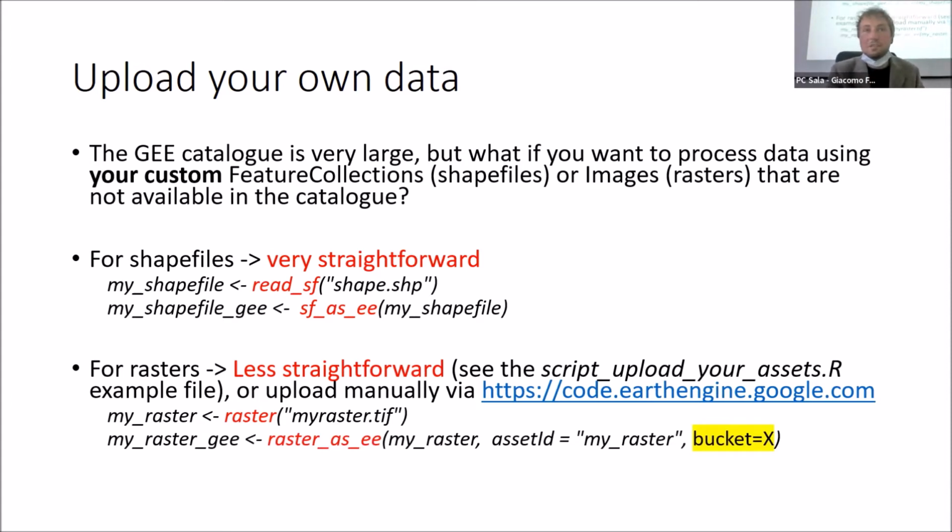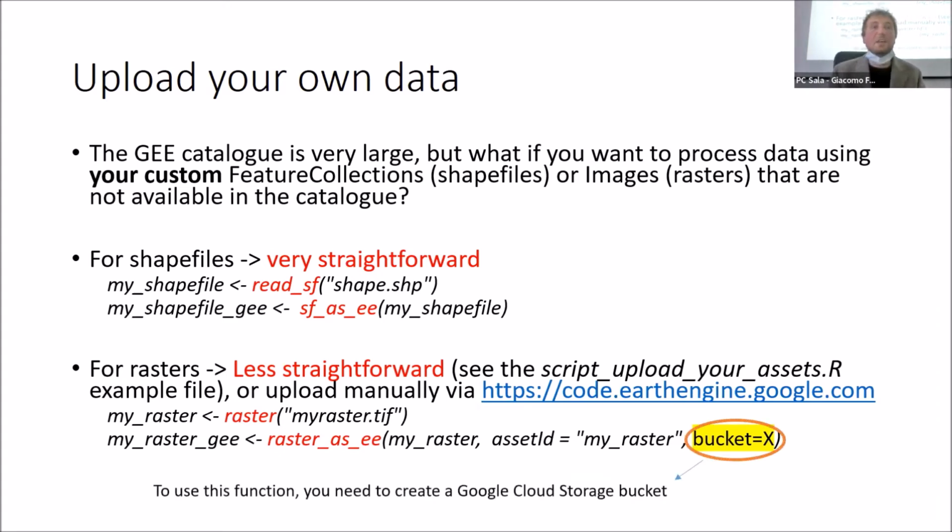However, in this case, you will need to specify an option which is called bucket. And what is this option? This option is basically a request to provide a Google Cloud Storage space, which is a space where this data can be hosted.